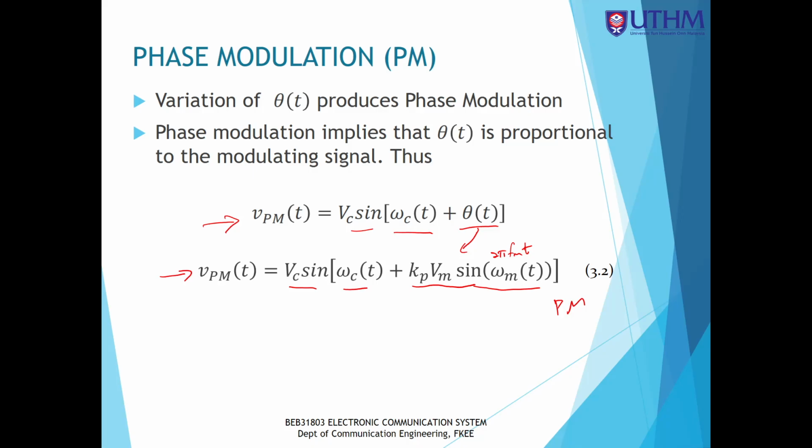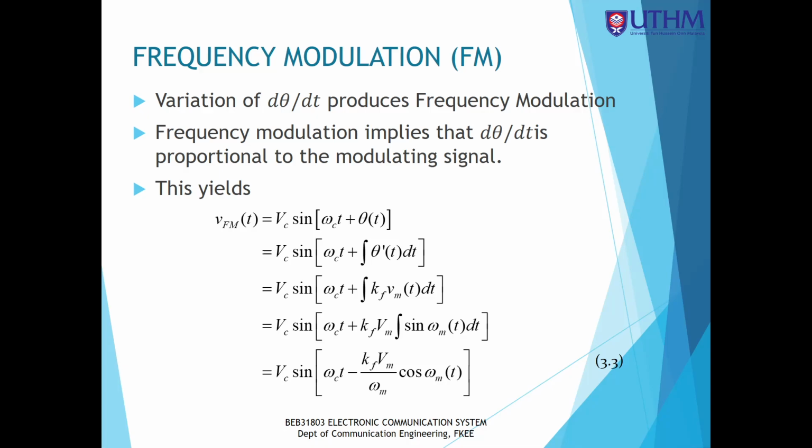Okay, what about the equation for FM? The equation for FM is like this. From the general equation, Vc sine omega ct plus theta t, this is actually 2 pi fc t, omega ct or 2 pi fc t. Then theta t is equal to the integral of theta prime t, and theta prime t is equal to Kf Vmt.